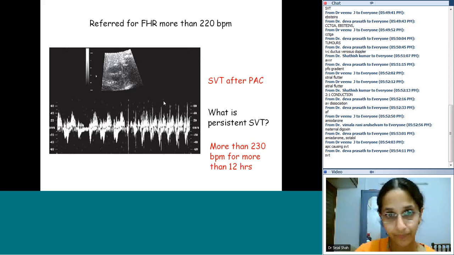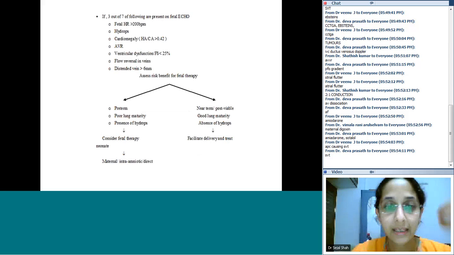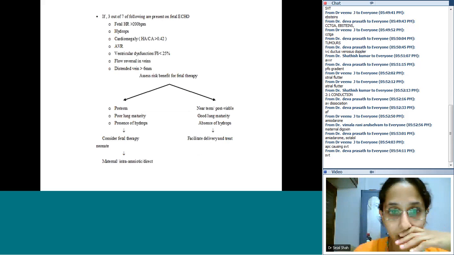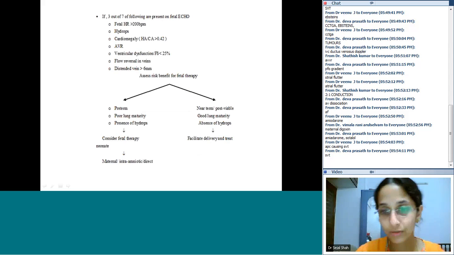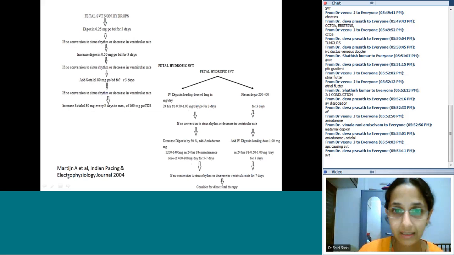And again, whenever we pick up SVT, we run through the protocol of whatever high risk factors are present. And if the mother is around 35 weeks of pregnancy, then it's better to deliver the baby. Otherwise, consider transplacental treatment. And again, running through the chart for SVT which is non-hydropic, oral digoxin is the drug of choice. Oral digoxin, 1 tablet twice a day, and remember not to forget the mother.